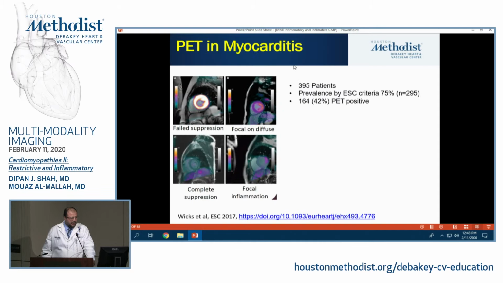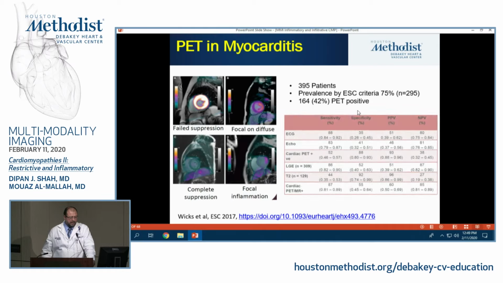Okay, and I was asked many times before about other inflammatory cardiomyopathies and myocarditis. There's not much in the literature about viral myocarditis, although there was this abstract presented 3 years ago. I searched for it this morning to see if it's ever been published as a paper. They looked at 395 patients who had prevalence of myocarditis by ESC criteria of 75%, and nearly 164 of them had a positive PET.